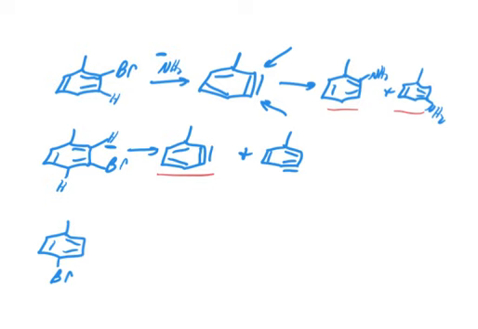But this one actually introduces another one. I'll get the attack here or here, which adds to a different para product. So again, these two are going to be identical to each other.